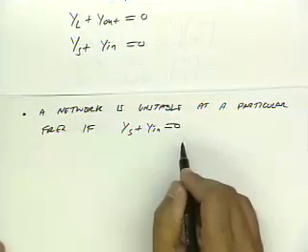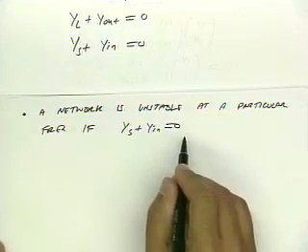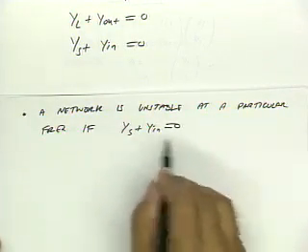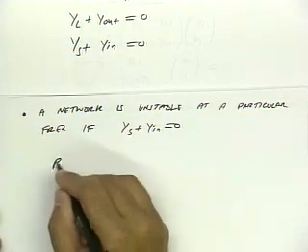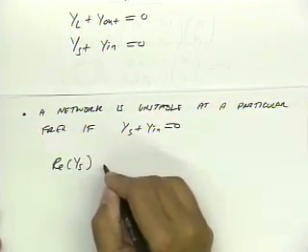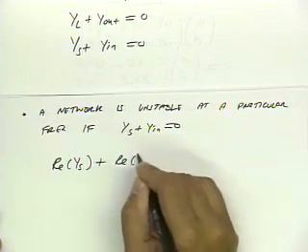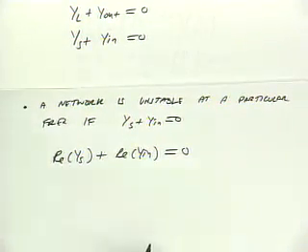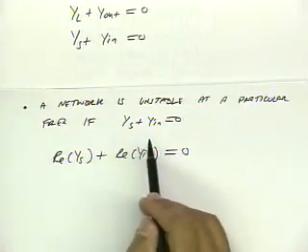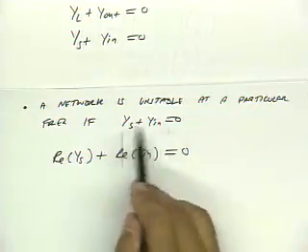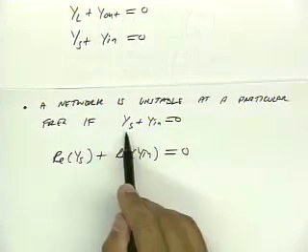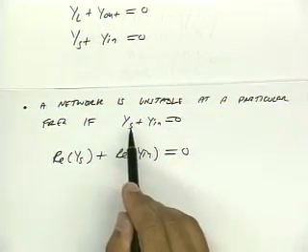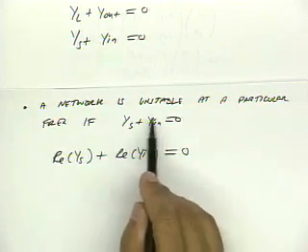Now, this means that this condition has to be satisfied for both the real part and the imaginary part. So in particular, if this is the condition for the real part, the imaginary part is trivial, right? I can always make the imaginary part of this equal to 0 by picking the source imaginary part to be the negative of this part.